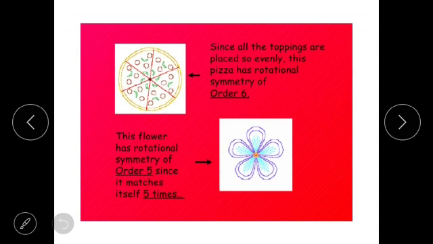Now, taking this example of a pizza, since all the toppings are placed so evenly, each and every topping matches the others, this pizza has rotational symmetry of order 6.